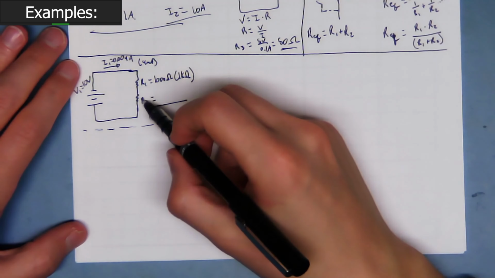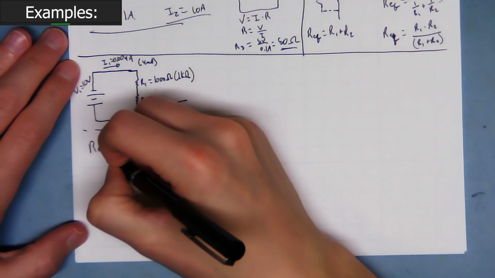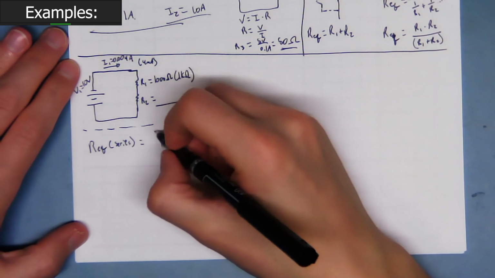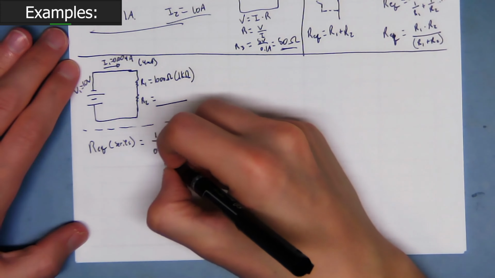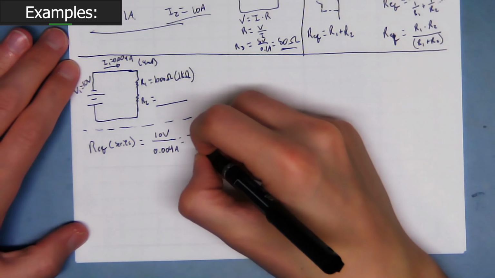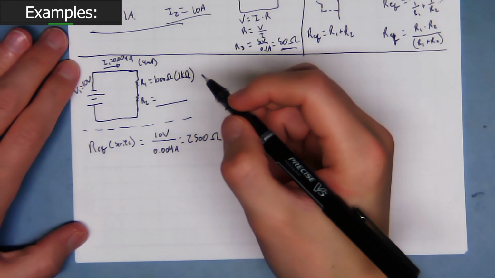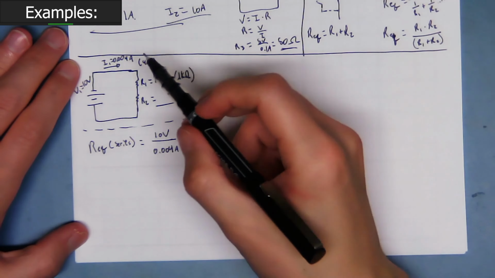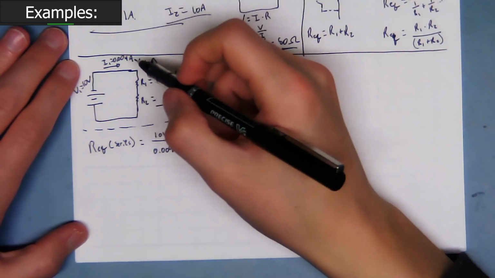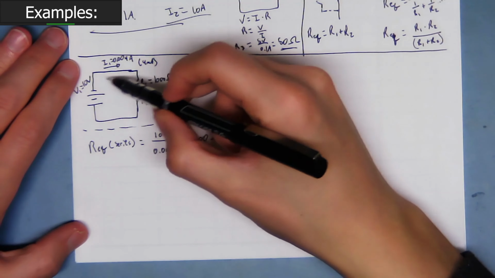So in this case, we want to apply the series equivalent resistance equation. Req series is equal to 10 volts divided by 0.004 amps, which is equal to 2500 ohms. So now we know that the total resistance must be 2500 ohms because we know that there is 4 milliamps flowing through R1 and R2, and there's 10 volts, right?